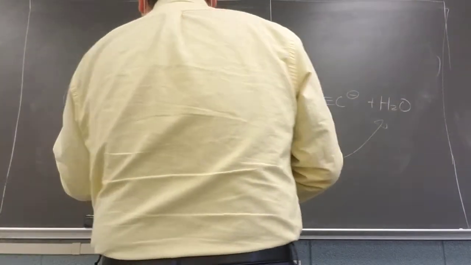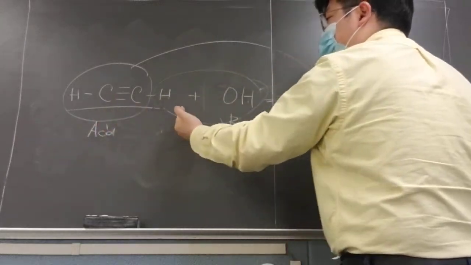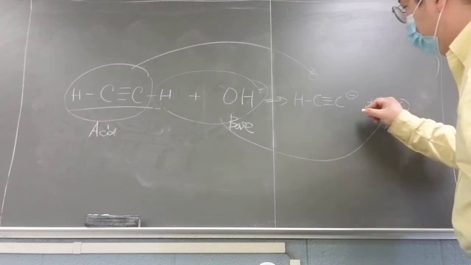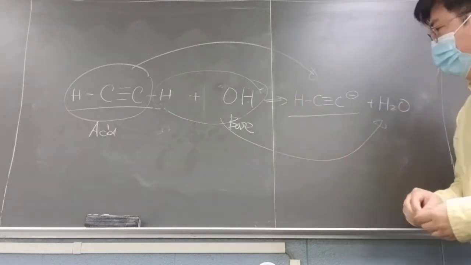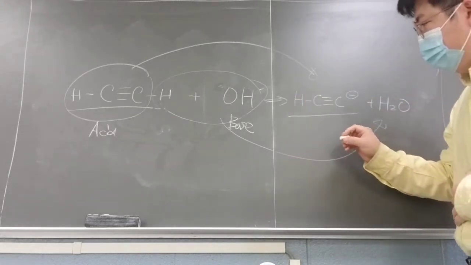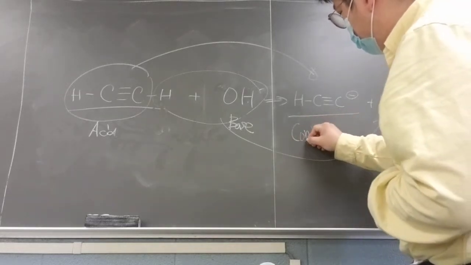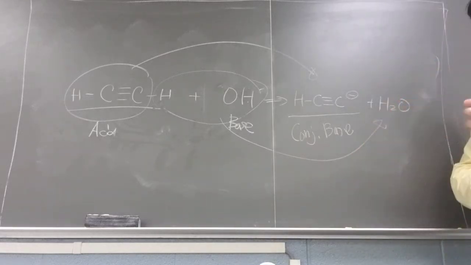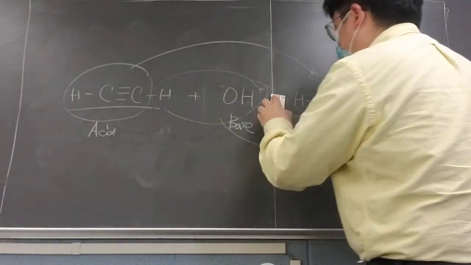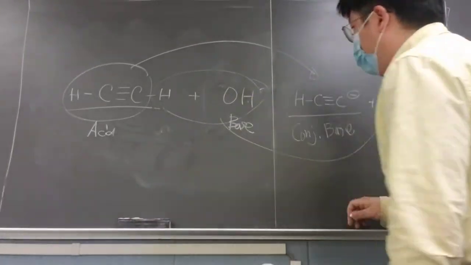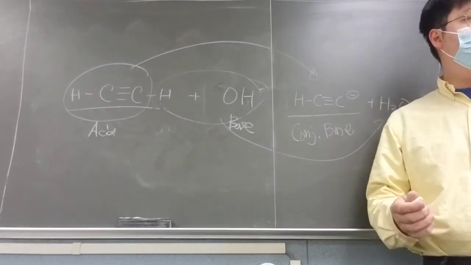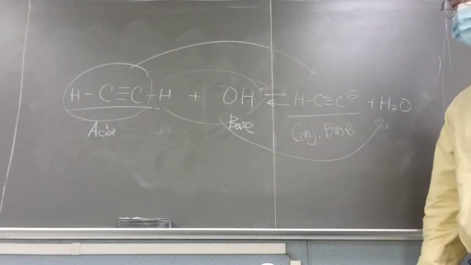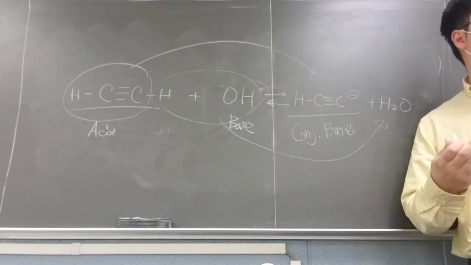Whenever this one donates the proton, it now has the form without the proton, right? So this is what we call the conjugate base. Like I said, this is a weak acid, so it's not dominant in one direction at all. You always need to think about both the forward and reverse directions, and you're going to find out which one is more dominant.